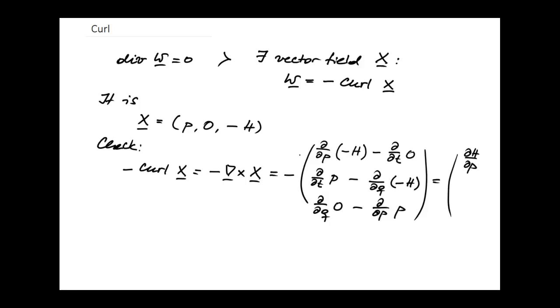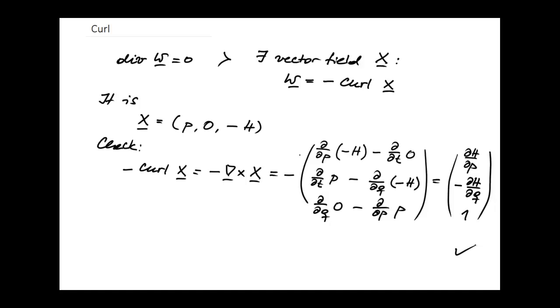There's no explicit time dependence of p. And what remains is minus the partial of h with respect to q. And then finally, the last component, the only term that contributes, dp over dp, this is 1. And that is indeed the vector W.